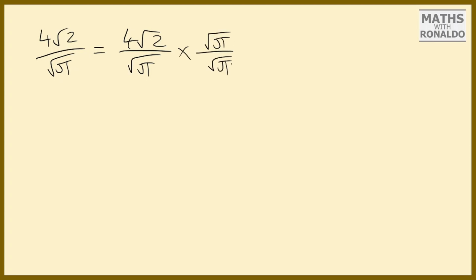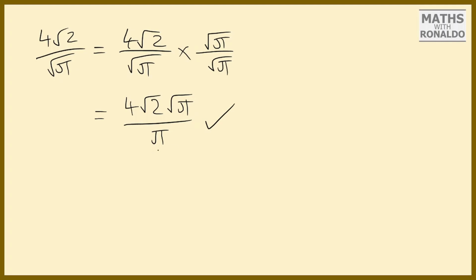And we know root pi over root pi is 1 over 1. Multiplying a fraction by 1 does not do anything to the value of the fraction, so it should be fine. So if we multiply by root pi on the top, and on the bottom root pi times root pi is pi, and this is our rationalized form.